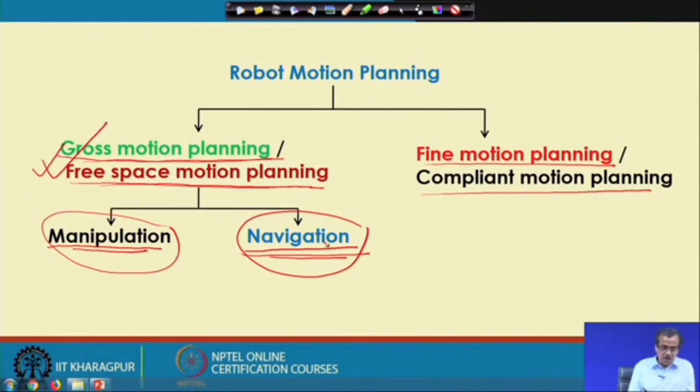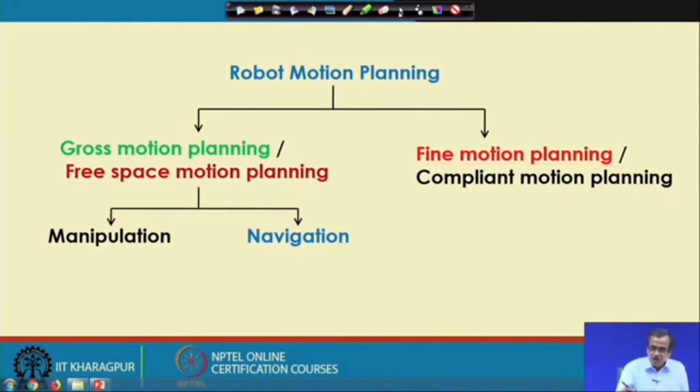That means, to put it another way, a serial manipulator or a parallel manipulator solves the manipulation problem. On the other hand, a mobile robot, it could be a wheeled robot or a multi-legged robot or a tracked vehicle, tackles the navigation problem. Okay.